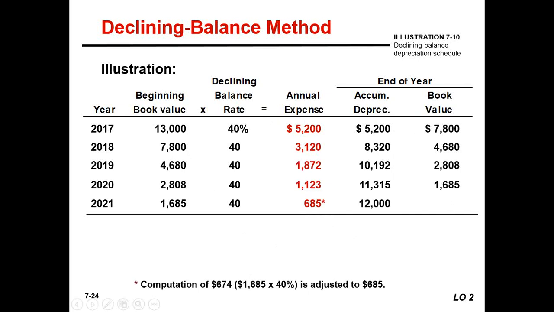So your 5th year may not rely exactly on a calculation, but rather on your ability to match to get the number that is necessary. Now, many companies would have gone on to the 6th year to finish that last little bit of depreciation expense. I'm not going to ask you to calculate declining balance. Simply understand that it is different, that it is an accelerated means of depreciation.